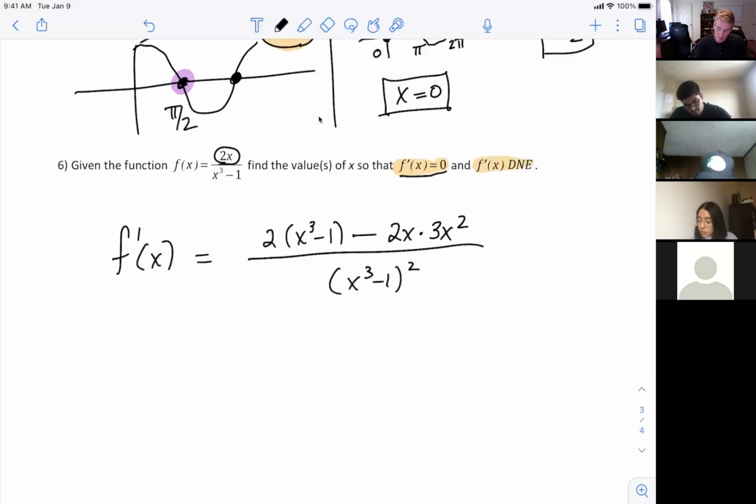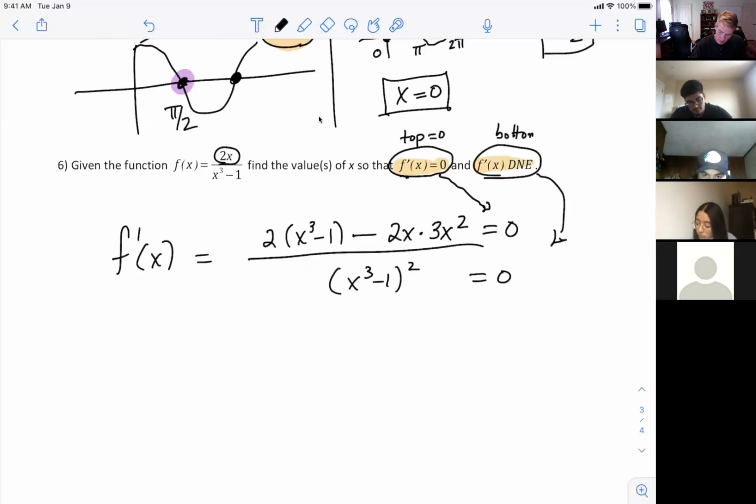Well, for the derivative to equal 0, that means the top equals 0. And for the derivative to not exist, well, that would mean that you're dividing by 0. So basically, this means the top equals 0, and this means the bottom equals 0.